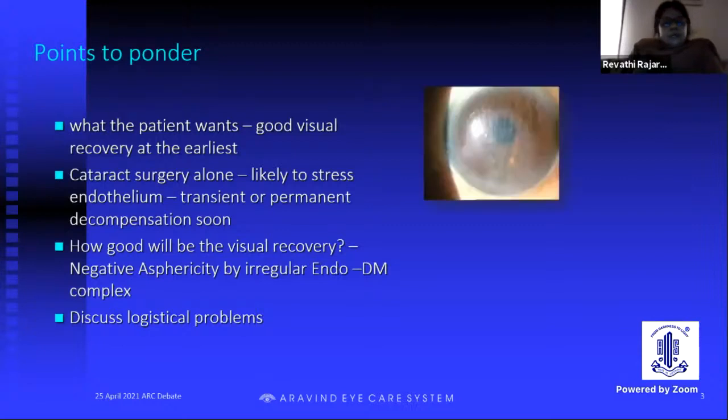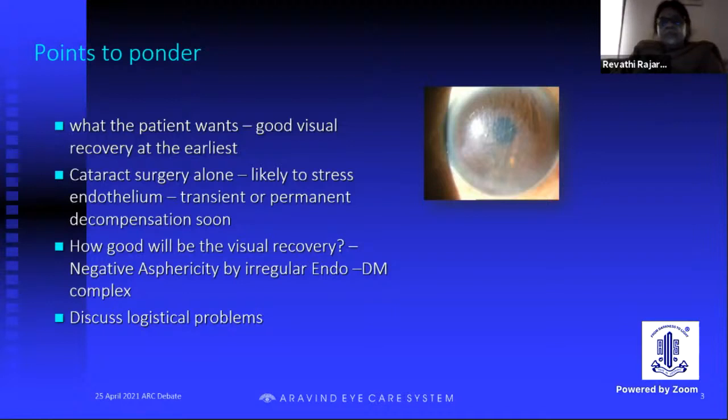What are we going to achieve by doing cataract surgery alone if this cornea is, for example, a Fuchs cornea? Whatever precaution you take, we may end up with a cornea like this. We may not be so scared, but the patient will not be happy.